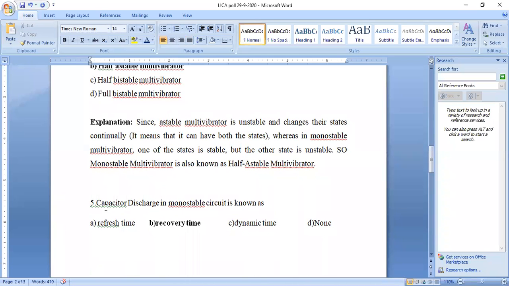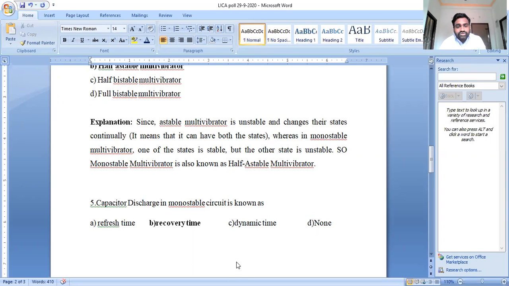The fifth question is a normal question: the capacitor discharge in a monostable multivibrator is called the recovery time. We already said in the characteristics of operational amplifier applications that the response time has to be very high. In this application the response time is very high, so it has a good response time.